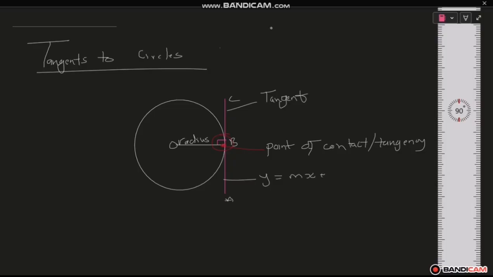The tangent is represented by a linear function, y equals mx plus c, or even y equals ax plus q, where m is the gradient of the tangent, and c is the y-intercept when we talk about linear functions.